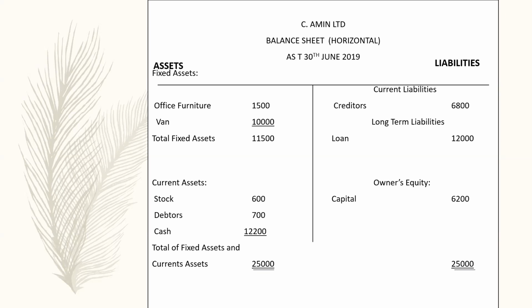You come up with a total of fixed and current assets of $25,000. On the liabilities section, we have all of our liabilities, which is our current liabilities, our long-term liabilities, and owner's equity is also a liability because the business owes the owner. When you add all of those liabilities, you're supposed to come up with $25,000 as well.